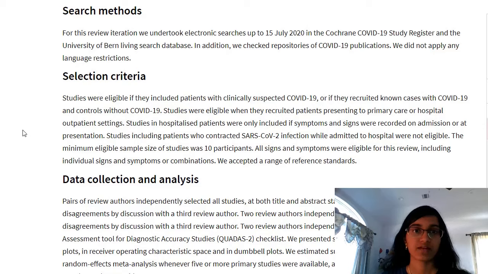So that's not what they did here, though. These are all secondary sources that they've used, things that are already perhaps available online from past primary source searches.